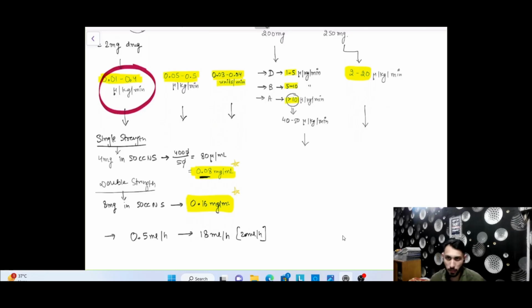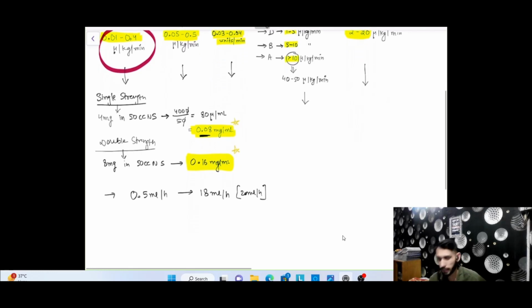So if you're using single strength NORAD, you start with 0.5 ml per hour and go up to 20 ml per hour. Beyond that, if the requirement is still not met for that particular patient, you have to switch on to a double strength NORAD.